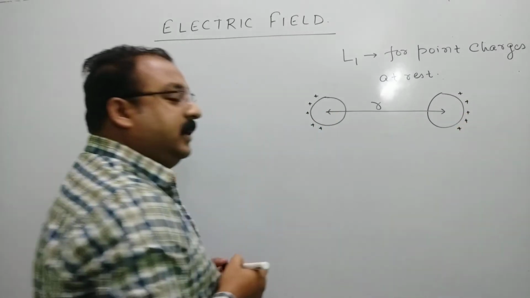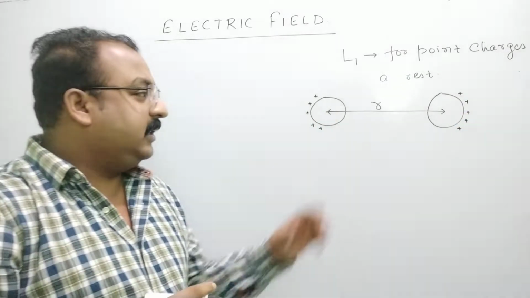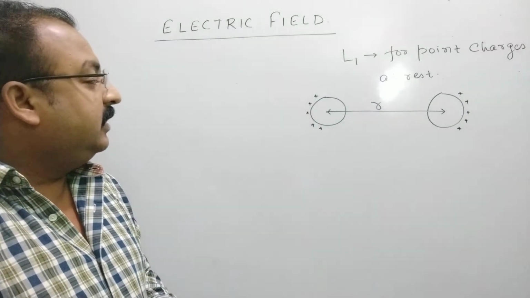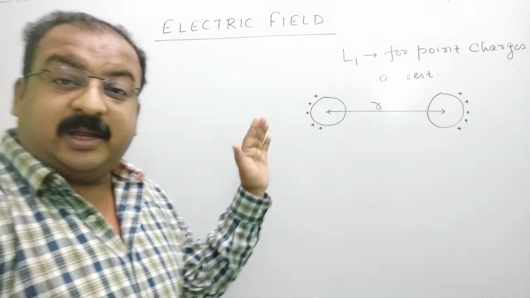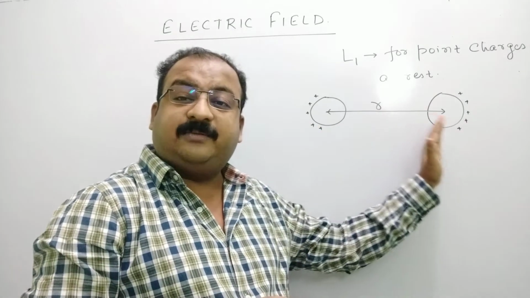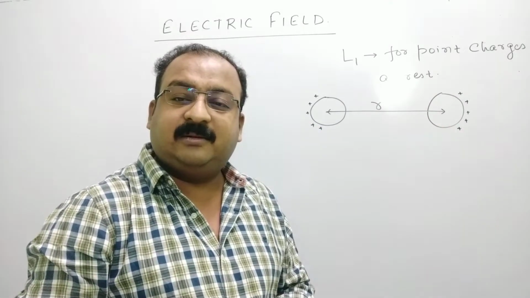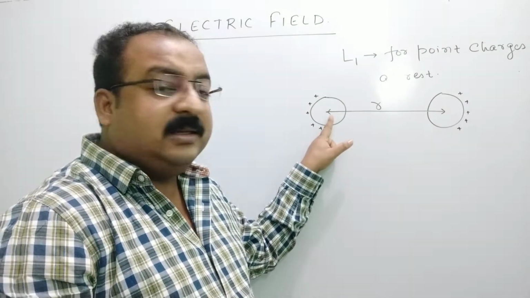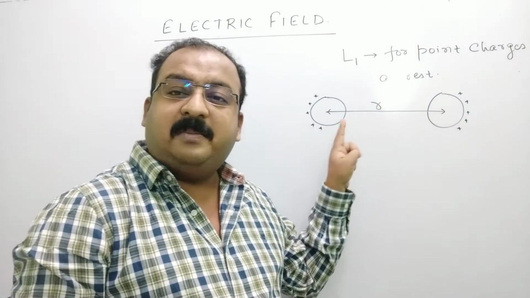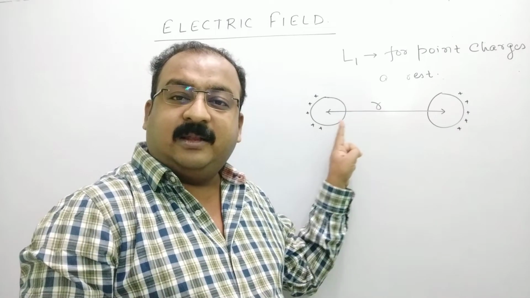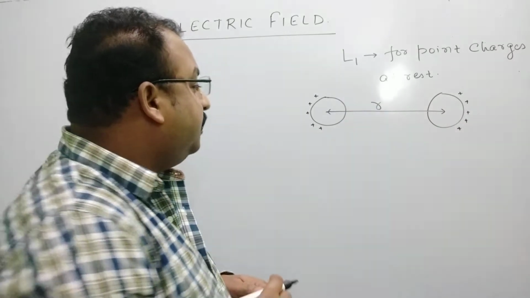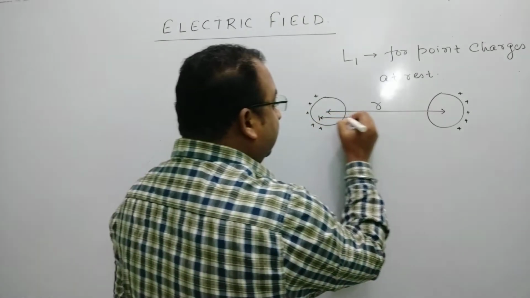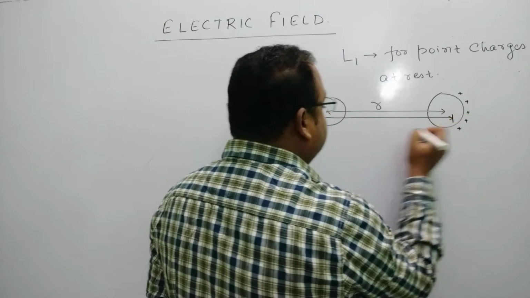I'm considering the same polarity of charges over there, that is, the two bodies have the same polarity. So, if the charges shift this way due to induction, the distance between the centers of these charges will also change.